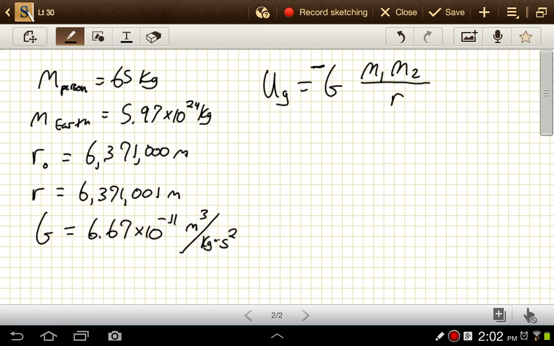And the negative sign makes it so that the change in gravitational potential energy will be the same in either system. So as r increases, we get closer and closer to 0. So when our objects get infinitely far away, our potential energy from gravity becomes 0. And as we get closer, it becomes more and more negative.